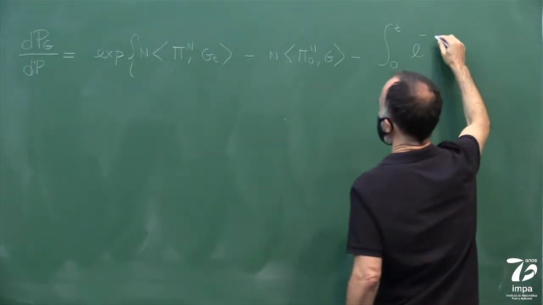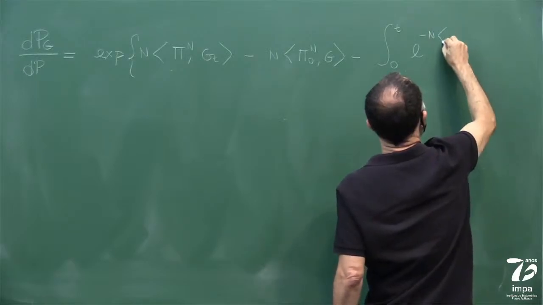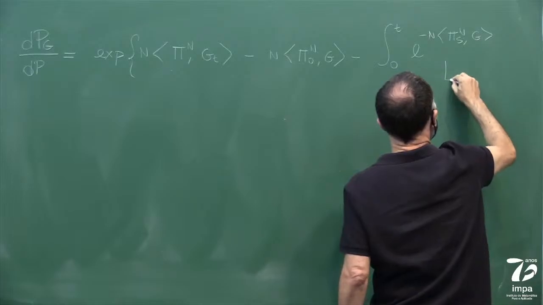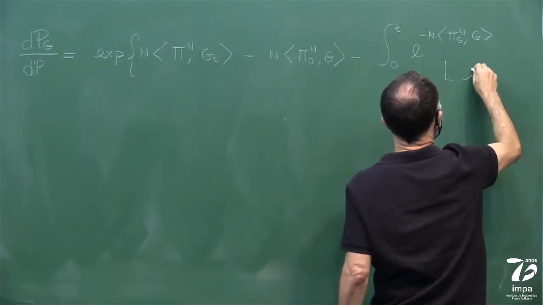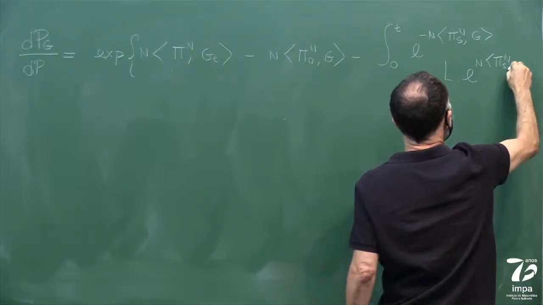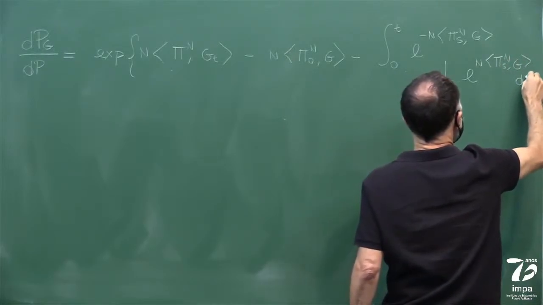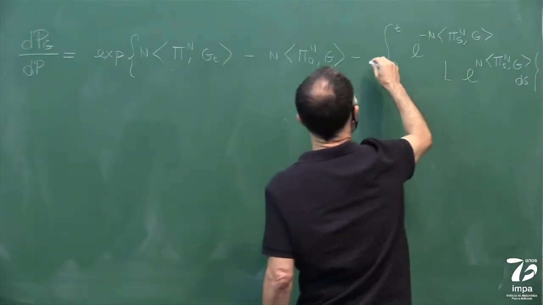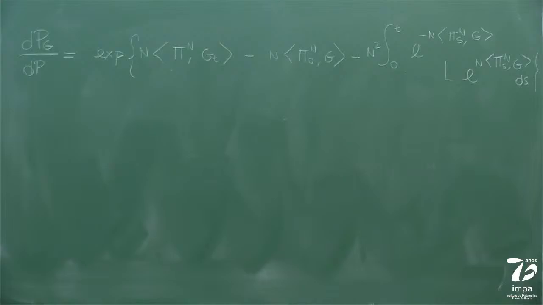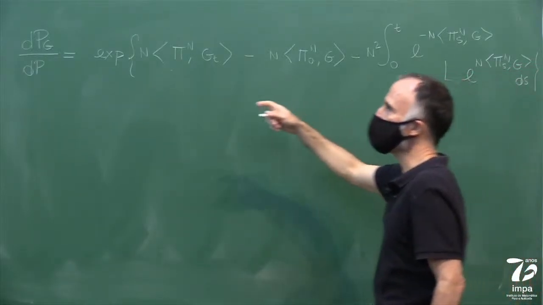Maybe I'll write it. So this was the Radon-Nikodym derivative, right? Actually we started with this exponential, and this is how we defined P_G.